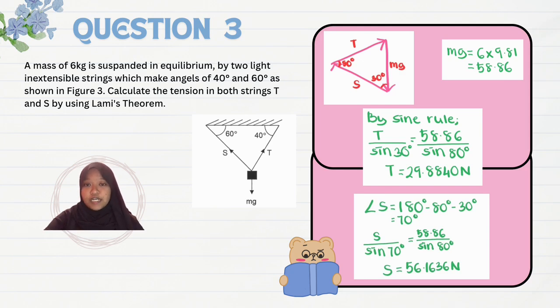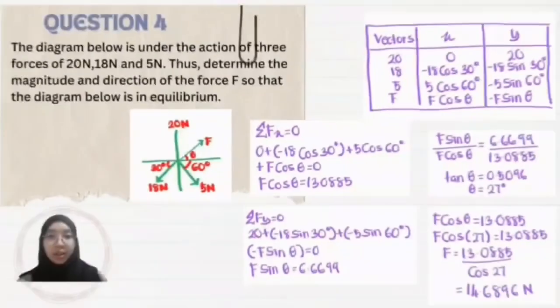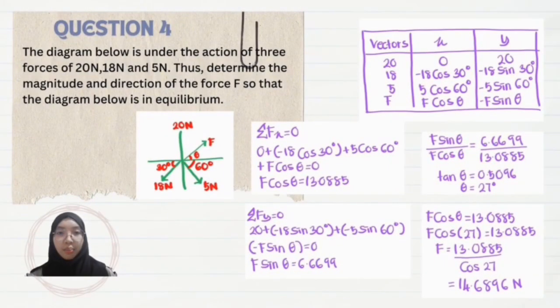So using sine rule, S over sine 70 equal to 58.86 over sine 18. So the tension of S is 56.1636 Newton.